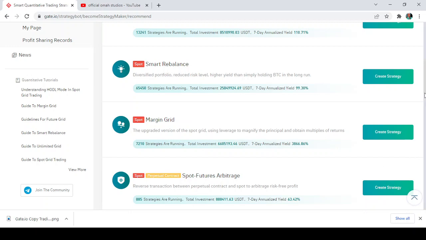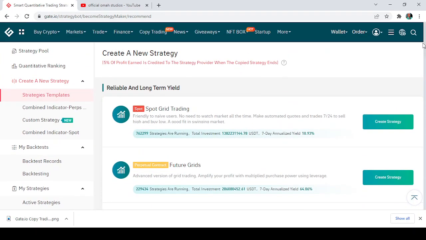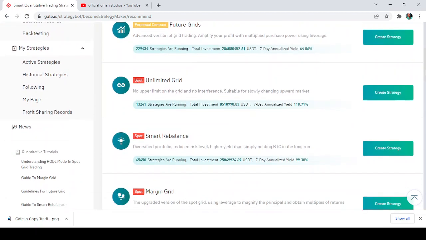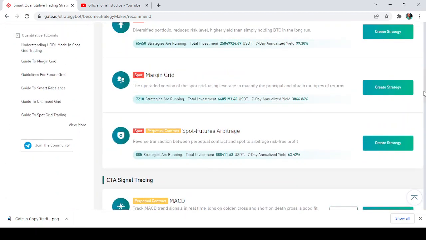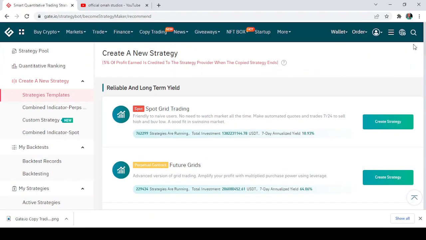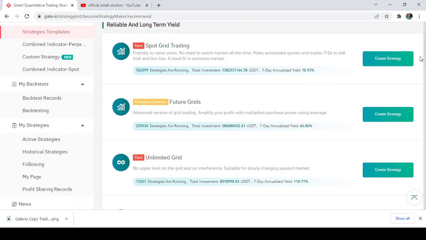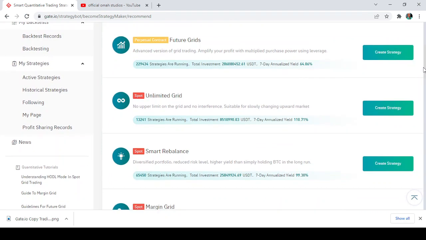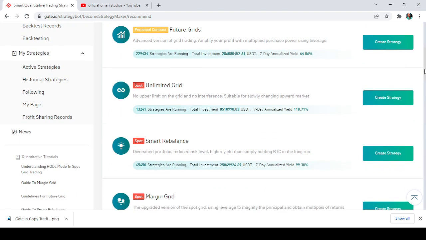All these are categorized under reliable and long-term yield. Just like I told you earlier, no matter how you trade on it, you definitely make your returns. It may not be instant. Some of them, like spot grid trading, futures trading, and unlimited grid, you make instant yield.